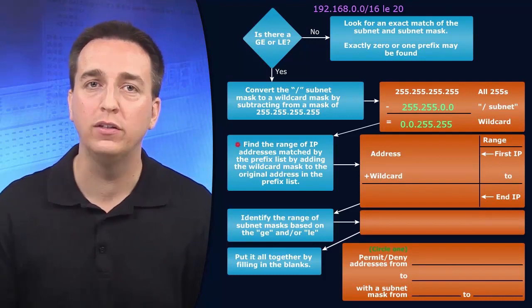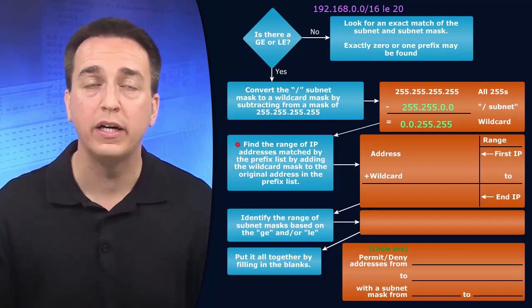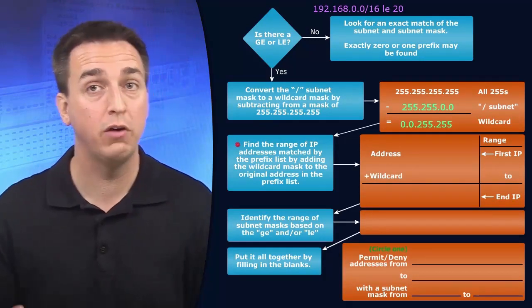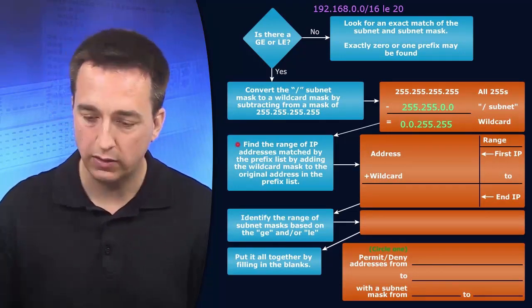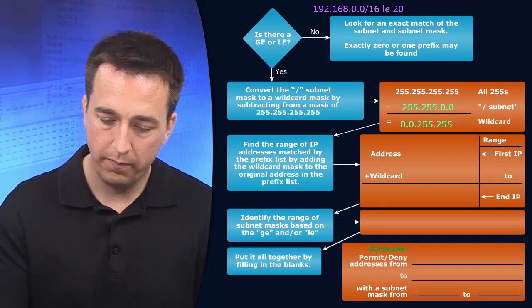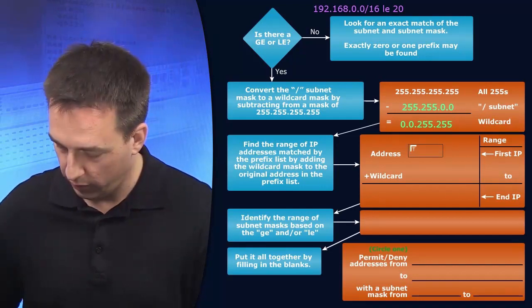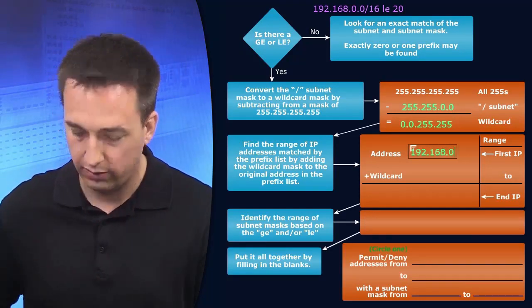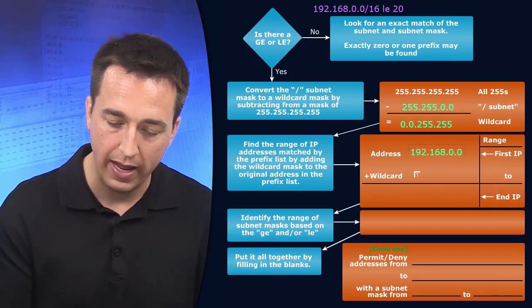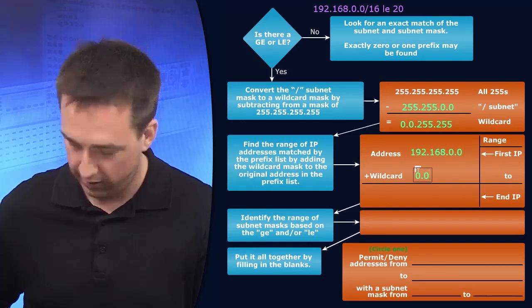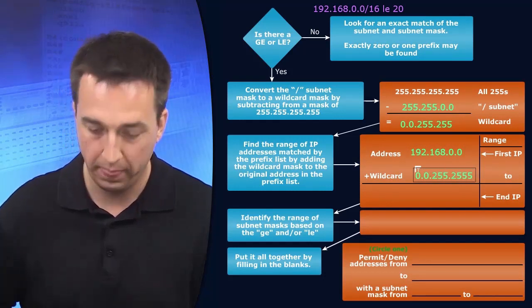Since we know the wildcard mask and we know the starting address of 192.168.0.0, we can figure out what the entire range is. So we write down the starting address, which is going to be 192.168.0.0, and we identify the wildcard mask, which we said was going to be 0.0.255.255.